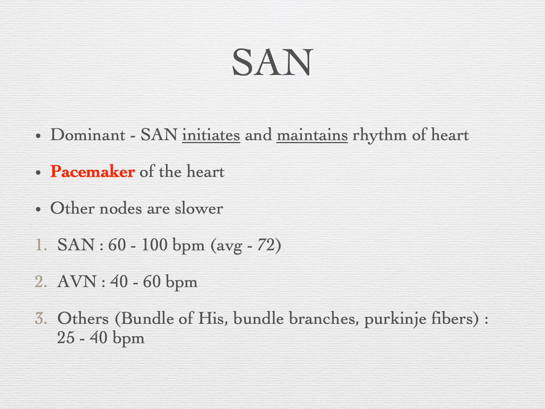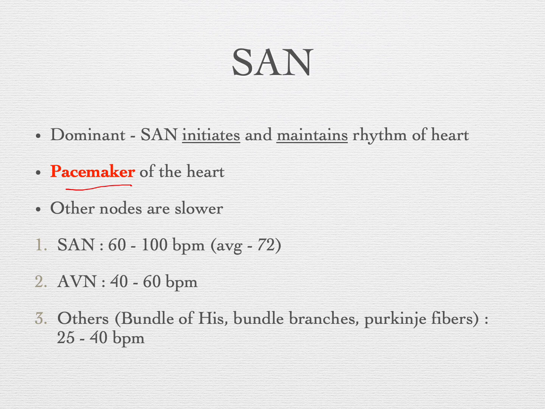A little bit on the sinoatrial node. The sinoatrial node is the dominant part of the conducting system, and it initiates and maintains the rhythm of the heart. It is also known as the pacemaker of the heart. Now the other parts of the conducting system can also generate an action potential, but are much slower than the sinoatrial node.